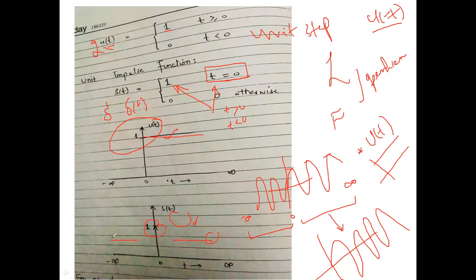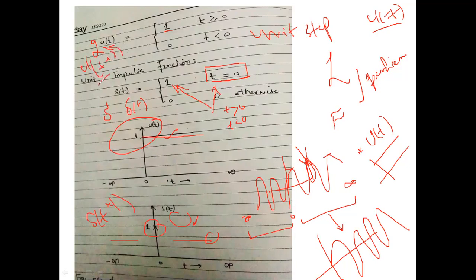This can also be used for filtration purposes, if you want to get the magnitude for a single impulse. There may be shifted versions of this, for example u of t plus 1, u of t minus 1, or u of t plus 2 and u of t minus 1.